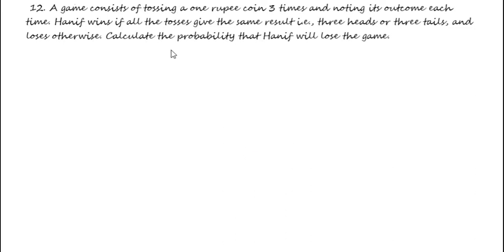Now in the earlier problem we said when we toss 2 coins, it can be the first coin head and second coin tail, or first coin head and second coin also head, or first coin tail and second coin head, and the last one is both coins showing tail.